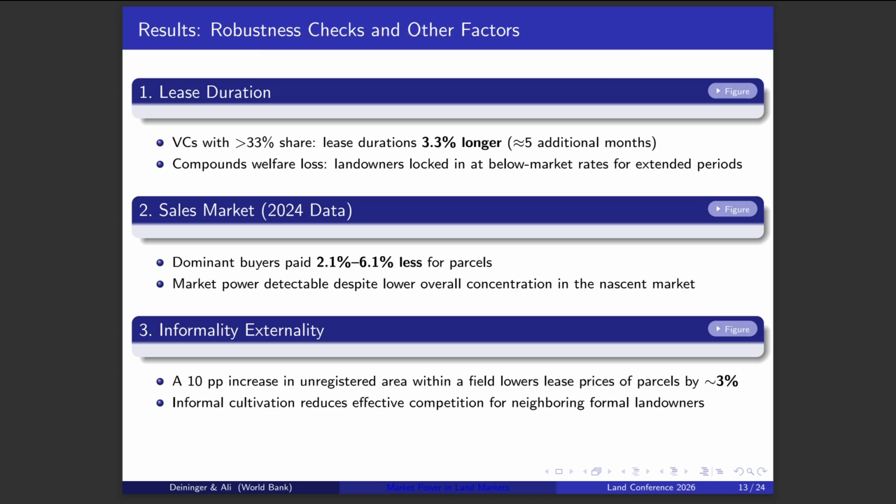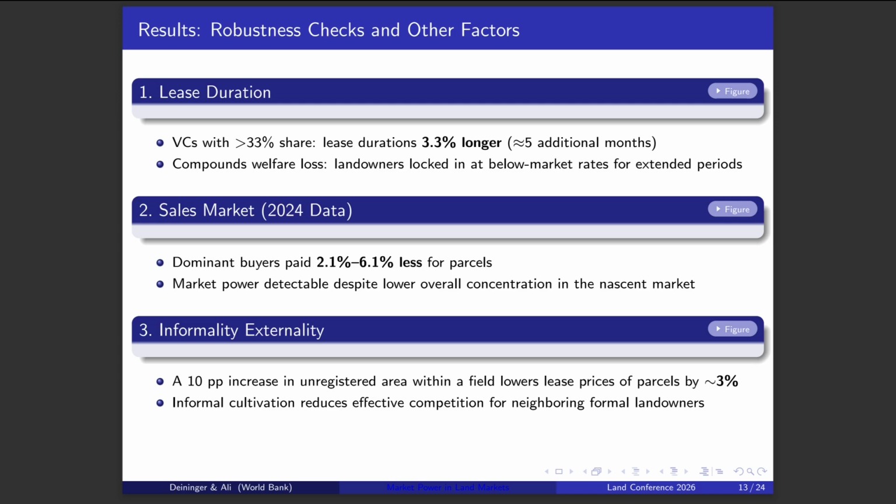So we have done some robustness checks as well. One is to look at lease duration. VCs, or village councils, with more than 33% share have 3.3% longer lease contracts. So this compounds the welfare loss.